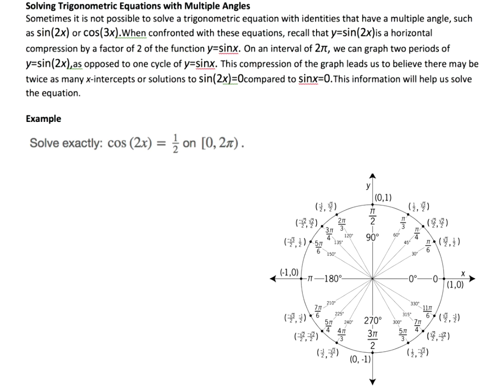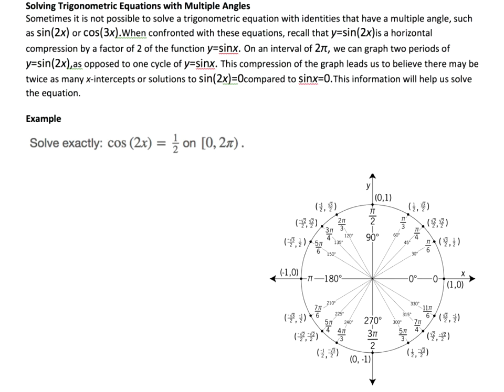Okay, so what we have up top says, okay, sometimes it's not possible to solve with identities that have multiple angles, such as the sine of 2x or cosine of 3x. When confronted with these, it says to recall that that represents a compression in the horizontal direction by a factor of 2.